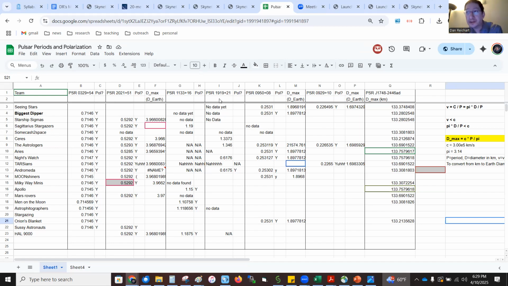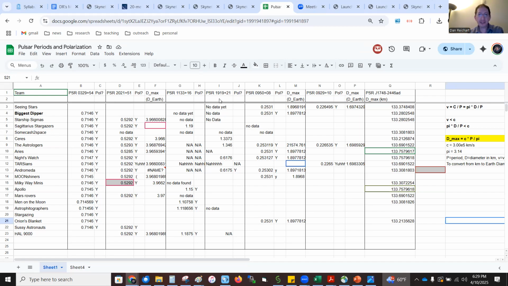That was the first one detected by Jocelyn Bell, for which her advisor got the Nobel Prize. Different times. Hopefully things are better now. That should not occur.